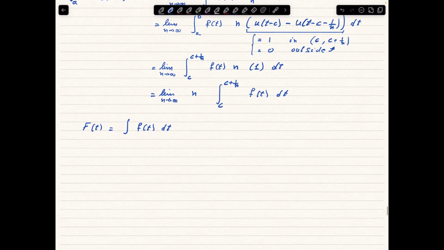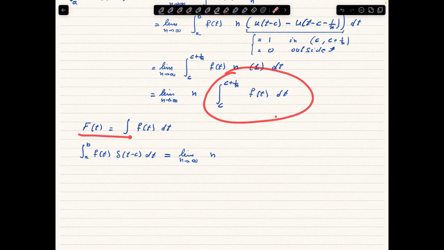Because if we do that, with that notation, the integral from a to b of the function f of t delta t minus c, which is what we are computing, this is the limit n goes to infinity. Recall we have n here, and this is because of the fundamental theorem of calculus and that definition, this is nothing more than the antiderivative evaluated here minus the antiderivative evaluated there.